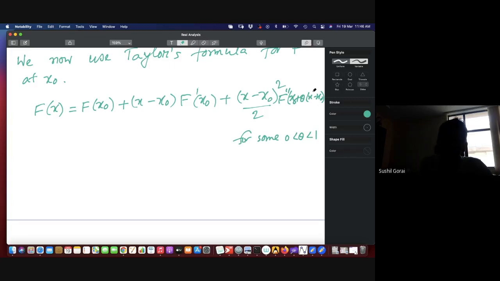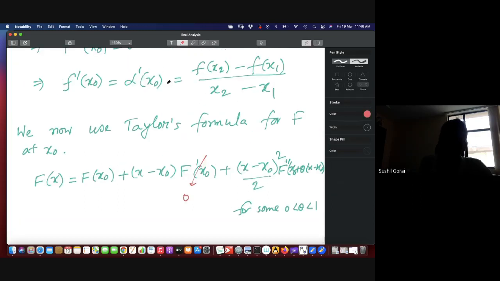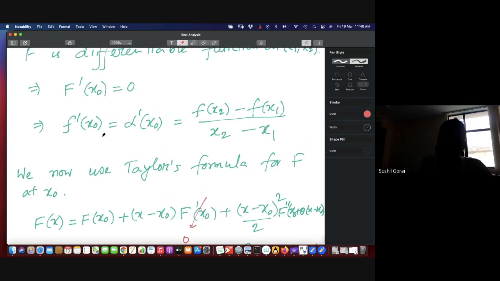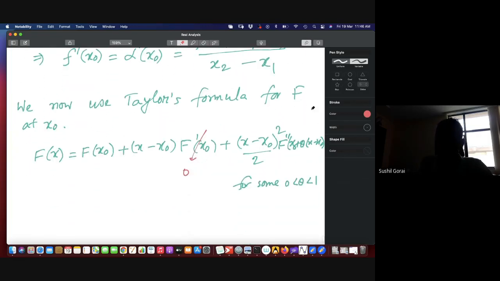Now this part is 0 because F prime of x naught is 0, right? Now this will be F of x naught plus x minus x naught whole square by 2 times F double prime at x naught plus theta times x minus x naught, right?